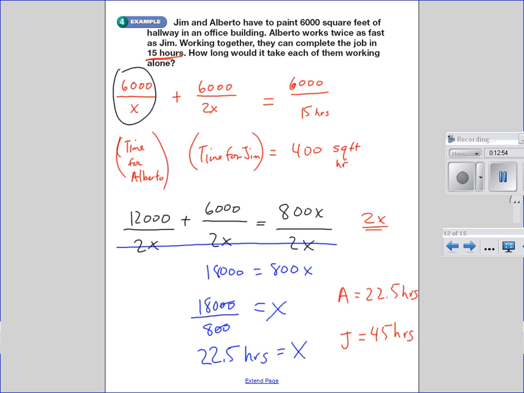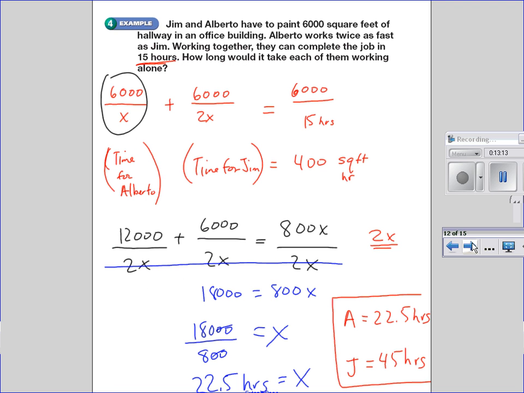If they were going to do the job alone, that's what it would take. All right, so now we can solve rational equations. Again, this is a beautiful thing, right? That we can take good problem settings and set them up into an algebra setting and do the work.